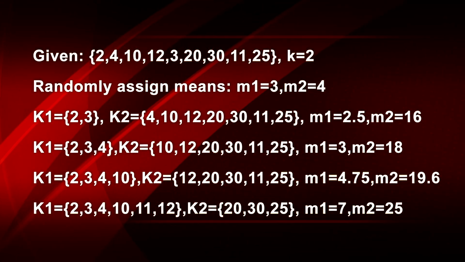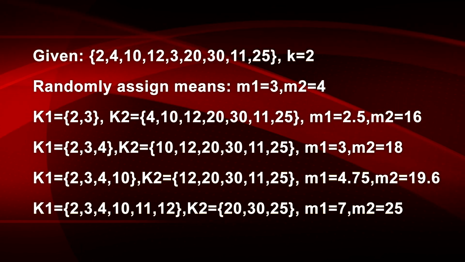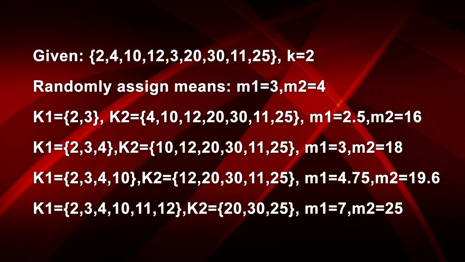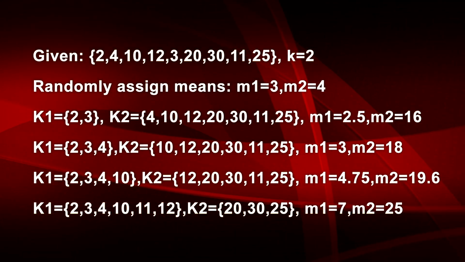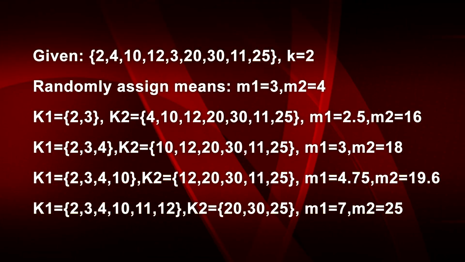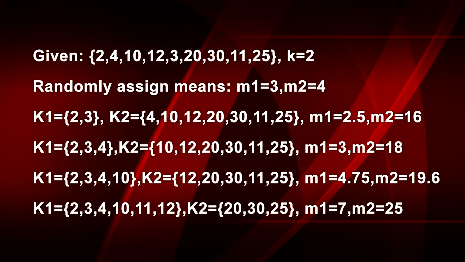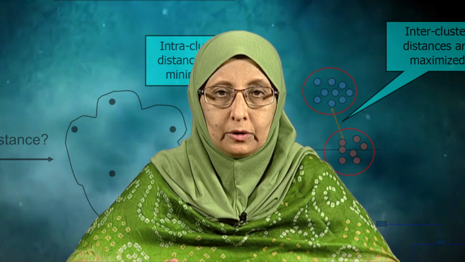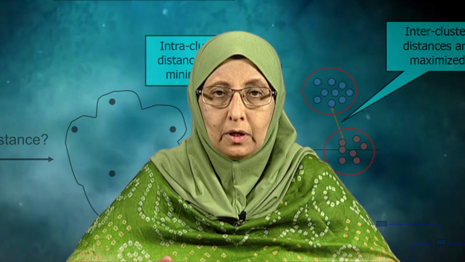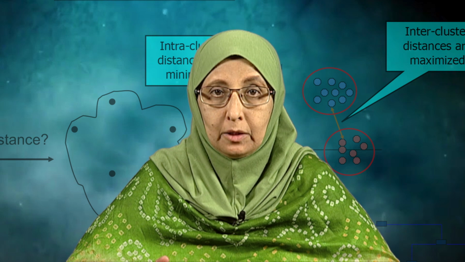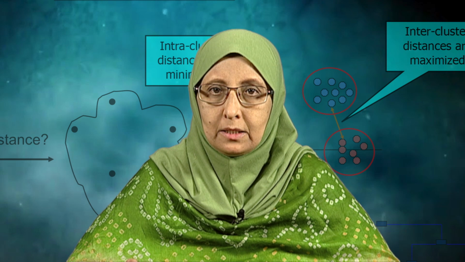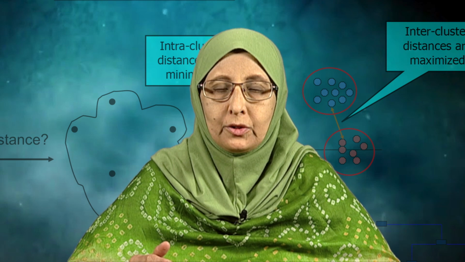We have seen all through that the elements in the clusters were changing, so we went on doing this algorithm repeatedly. We continue until K1 and K2 no longer change and the elements remain in their own respective clusters. So, where do we stop this algorithm? It stops when the cluster means do not change anymore, which means that the data elements in each of these clusters do not change from one iteration to the next.